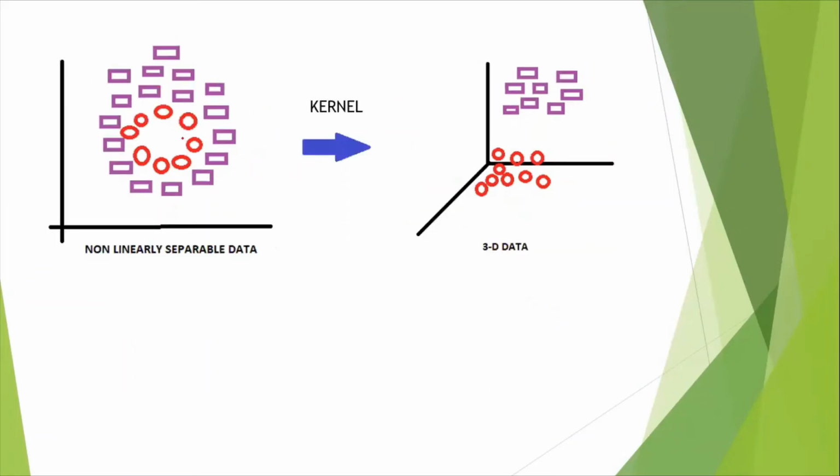You see, this is the non-linearly separable data. It means we cannot separate these two classes, that is circle and rectangle, using a line. We need some method. That method is called kernel. This kernel we'll be using while we do coding.